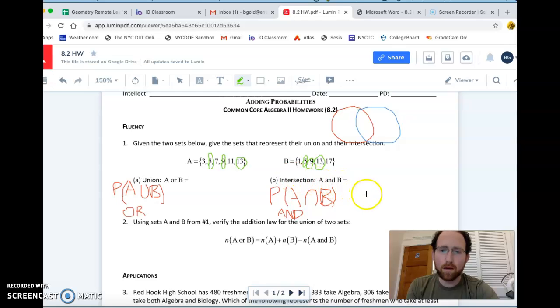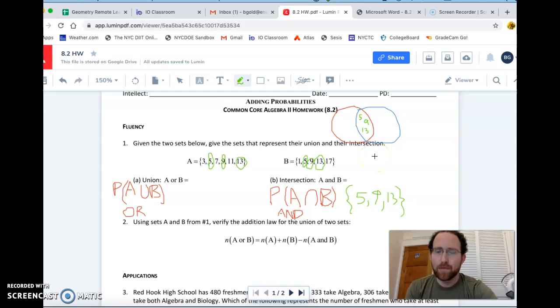So the set is going to look like this: 5, 9, 13. We're going to put these numbers in here. Okay, so those are the numbers that they share.